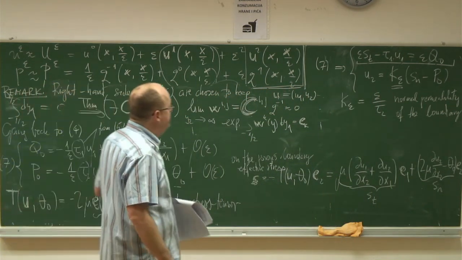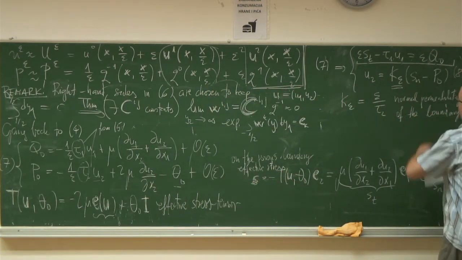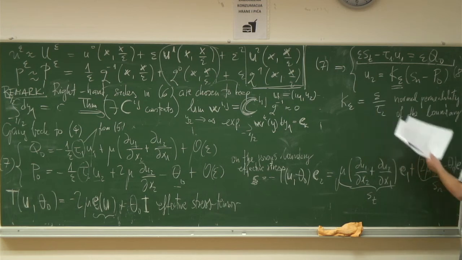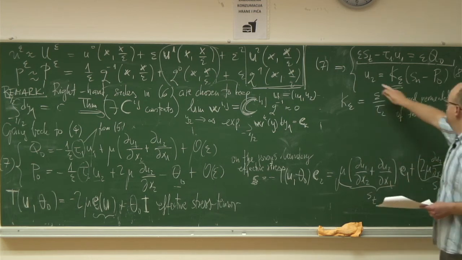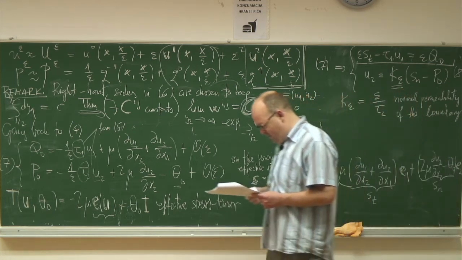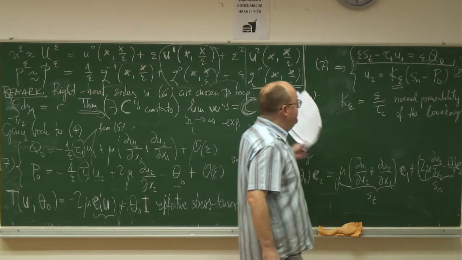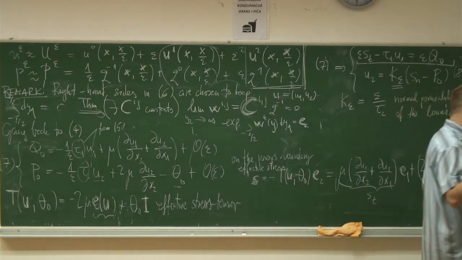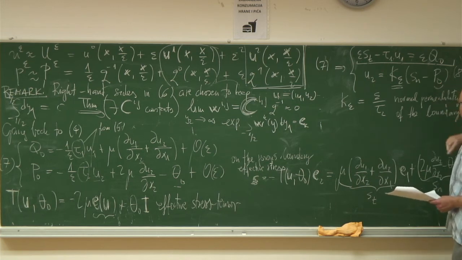On the other hand, the second equation in this system that I will label as 8 is essentially a Darcy-type law saying that the normal component of the velocity is proportional to the difference between the exterior and interior pressure. In our case, not exterior pressure it is, but we have here the normal stress, okay?